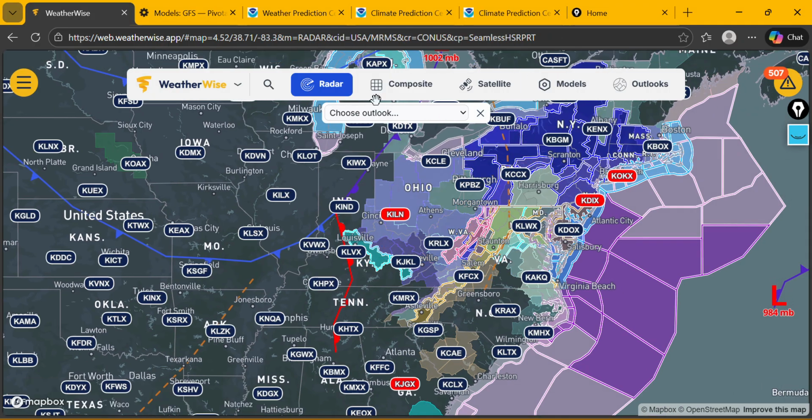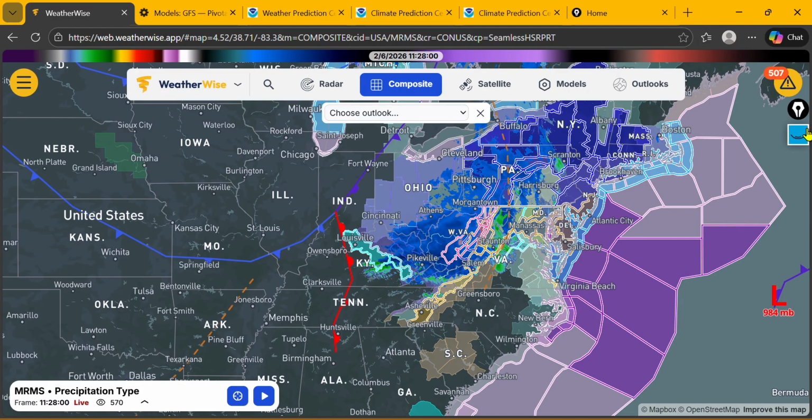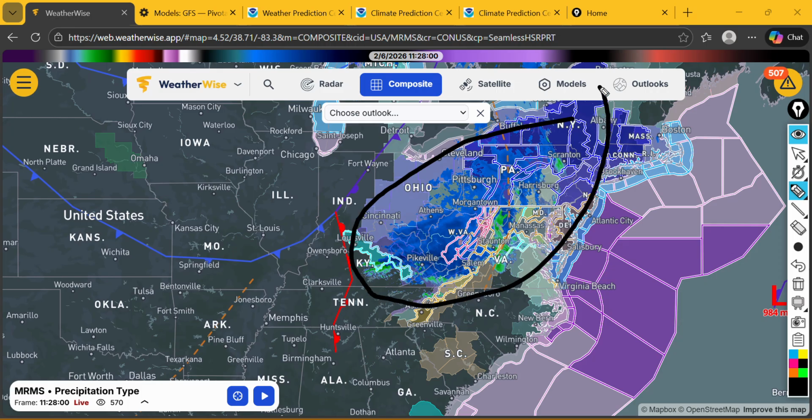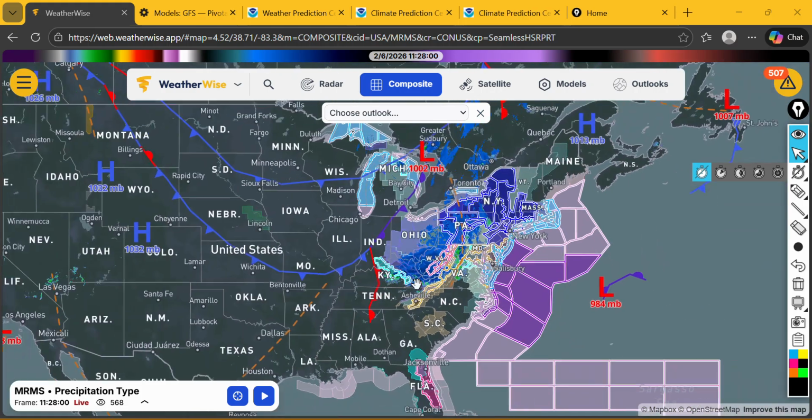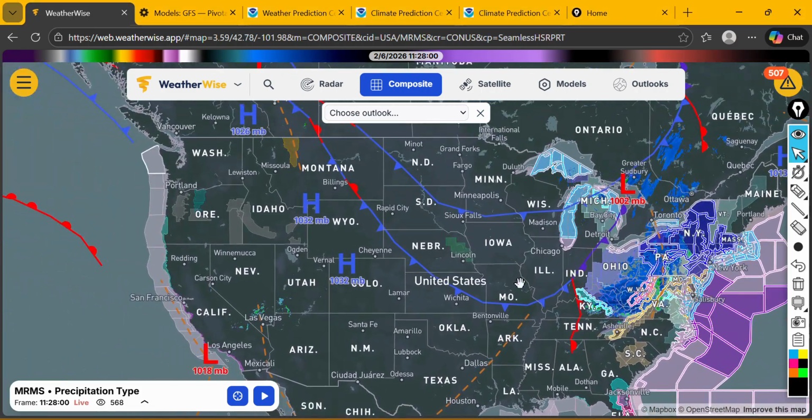As you can see, we have a band of snowfall here over the northeastern United States. That'll be moving throughout the day. You could see an inch or so of accumulation, maybe a little bit more in the mountains.